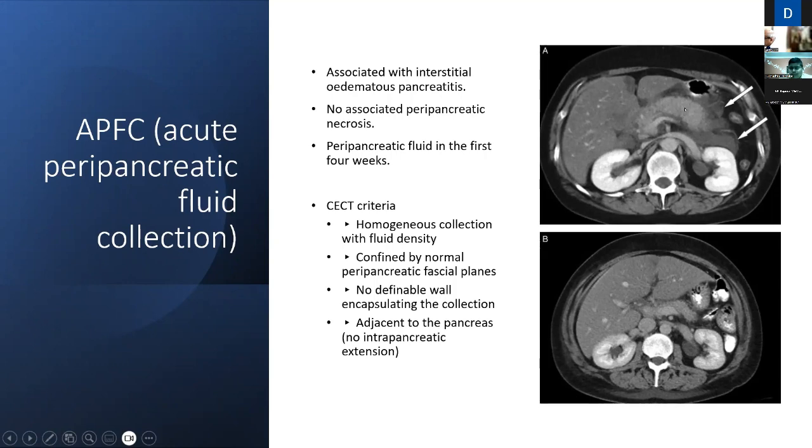There are no necrotic areas visualized, and the wall is not formed. Usually this local complication resolves by itself within a few days or weeks. And you can see in the second picture that after a few days the pancreas is enhancing well, but no fluid is visualized on the CT scan.